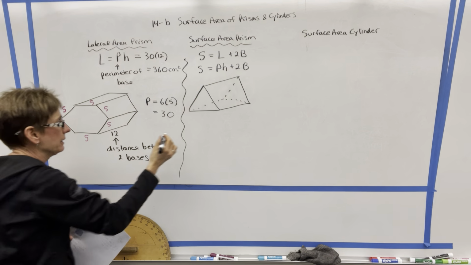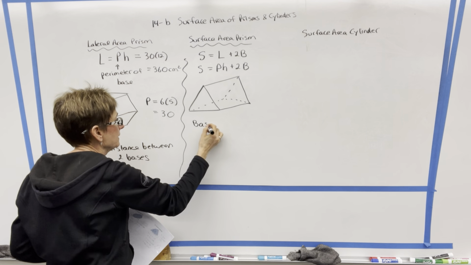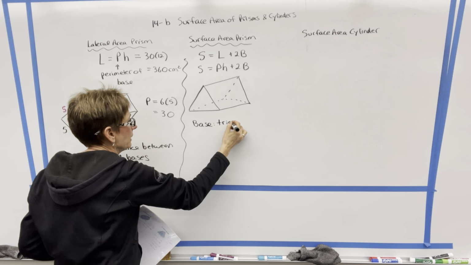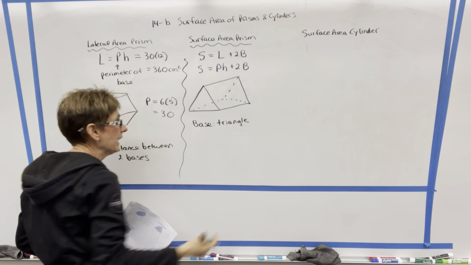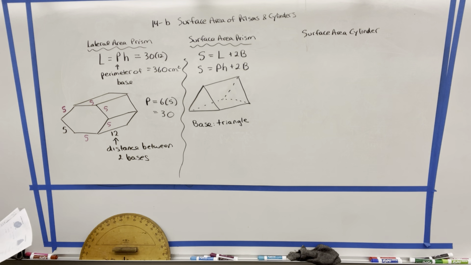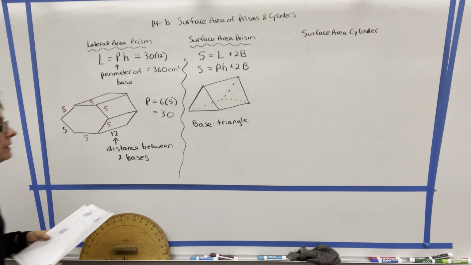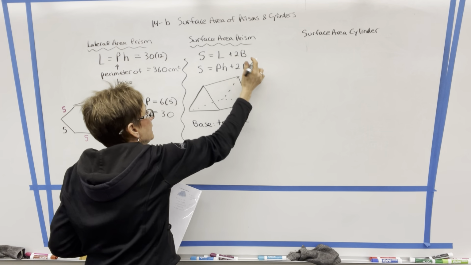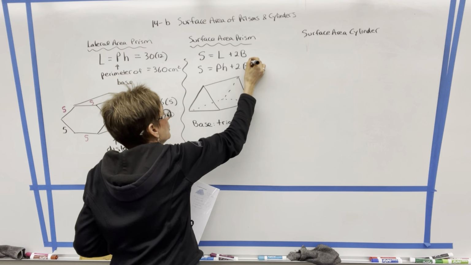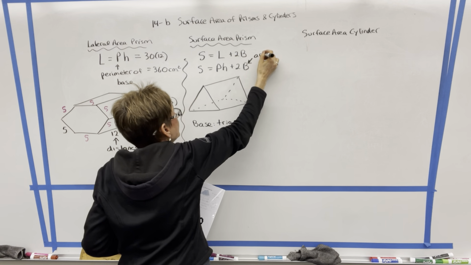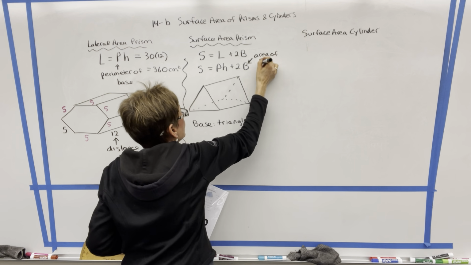So our base here, and sometimes I make a note of this, the base is a triangle. The sides would be rectangles, but the base would be a triangle. Now, in order to do this problem, I am going to need to know the capital B. So let's make a note of what this is. Capital B stands for area of the base.